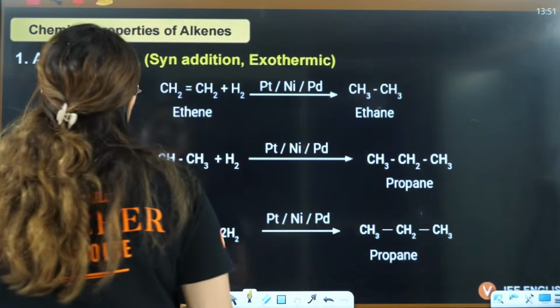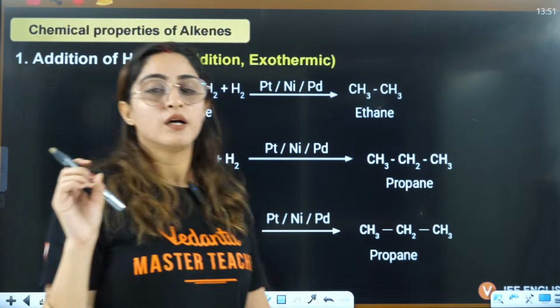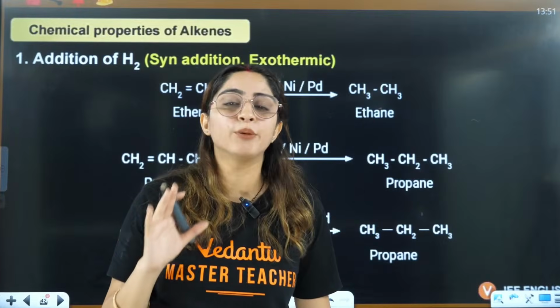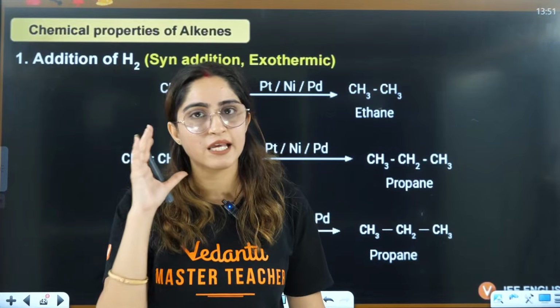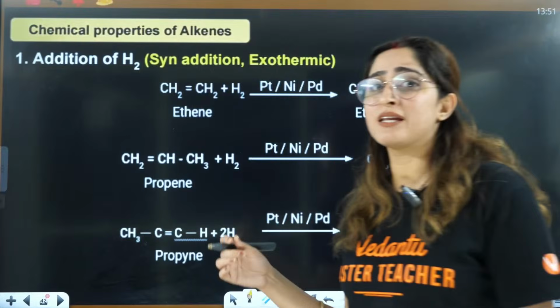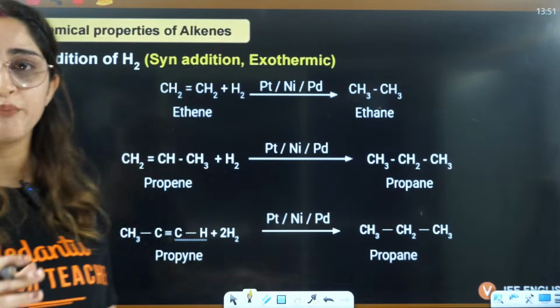So the first thing is addition of H2. These are the reactions of alkene which are very, very important, guys. So please have full focus here on the board. Syn addition, anti addition, where threo and erythro product will be formed, that is very important.